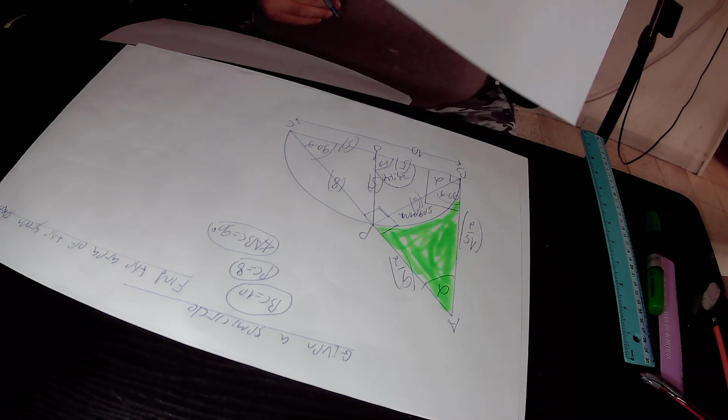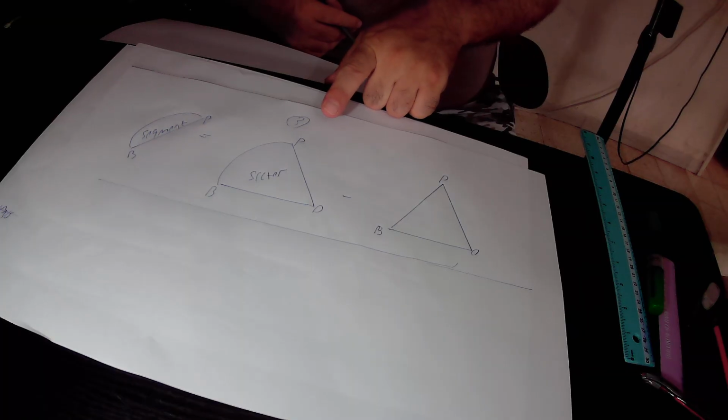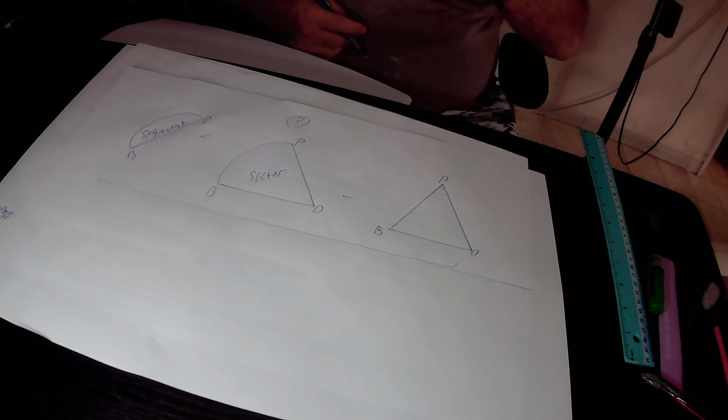To repeat again, we found out that the area of segment BP equals the area of sector BOP minus the area of triangle BOP.